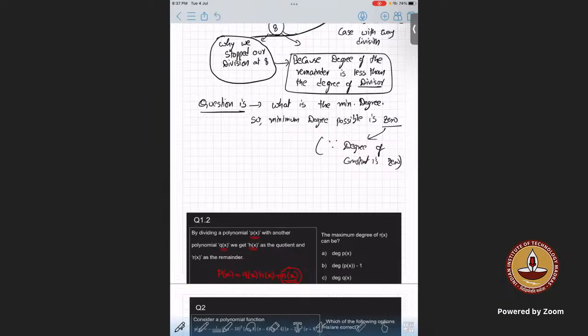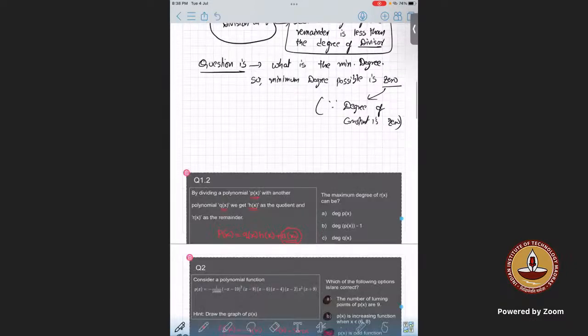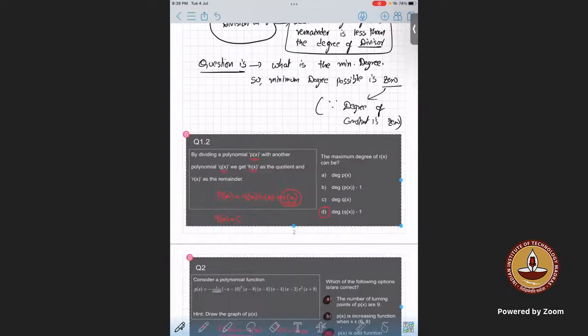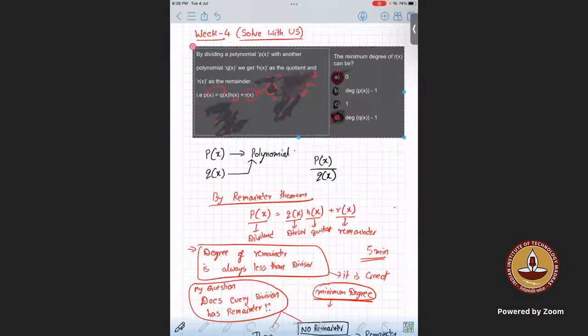Someone has raised a query about the minimum degree of the remainder.